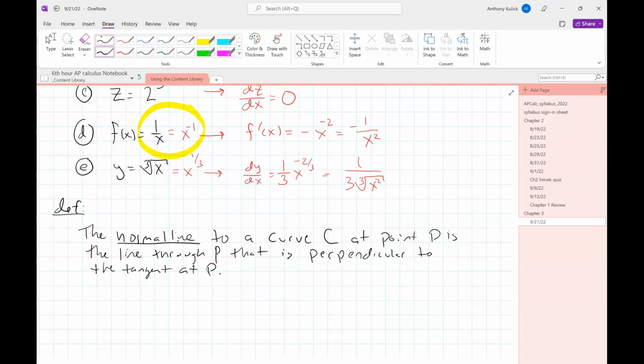Okay, so the normal line to a curve at point P is the line that goes through point P. It's also perpendicular to the tangent at P.